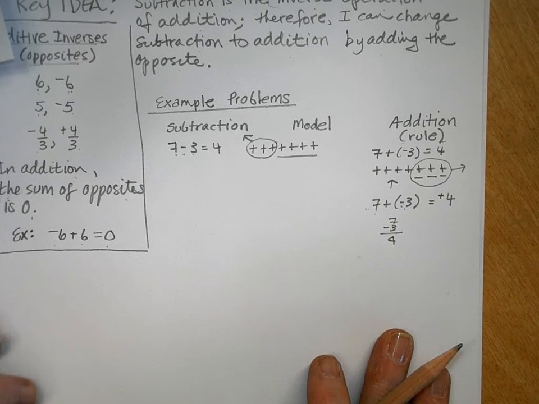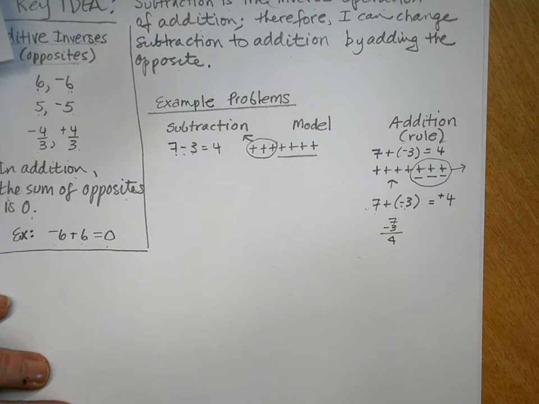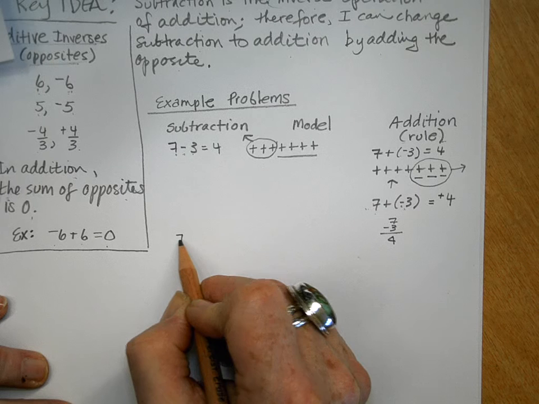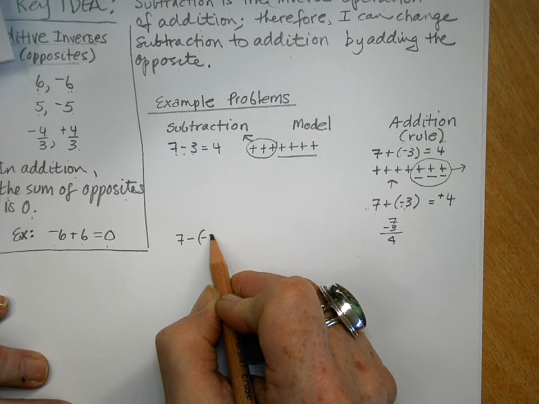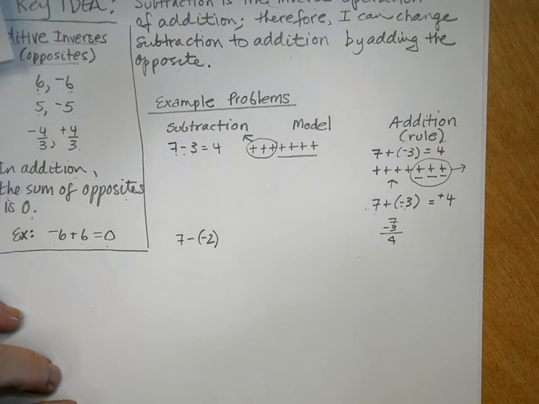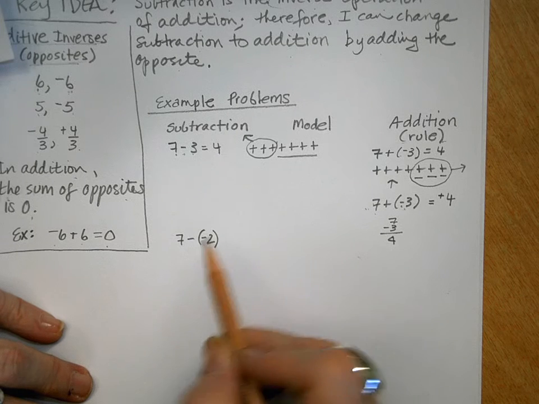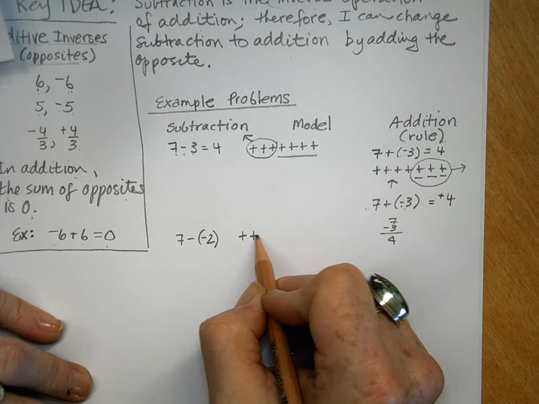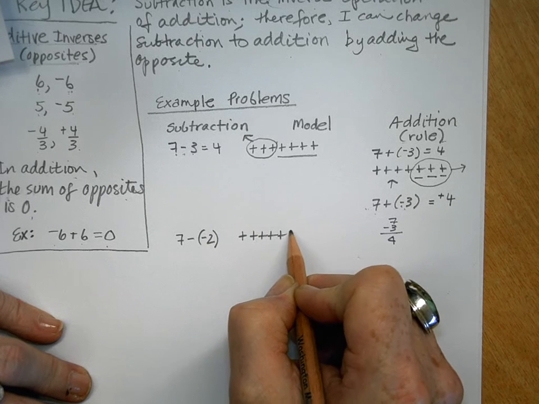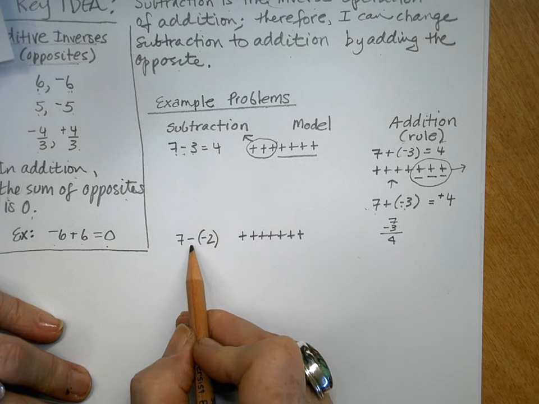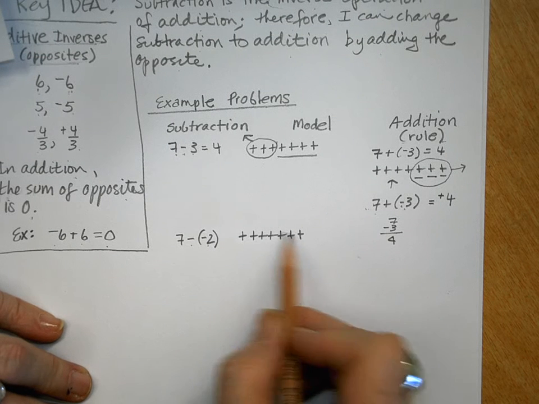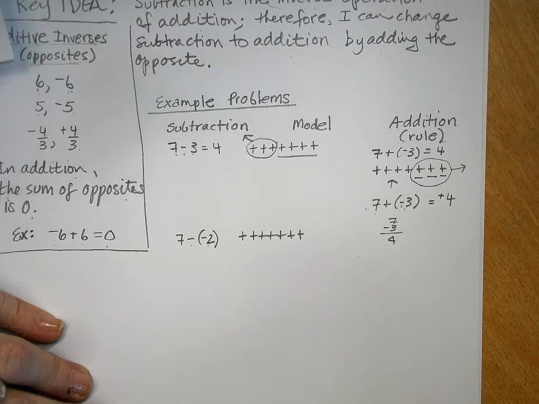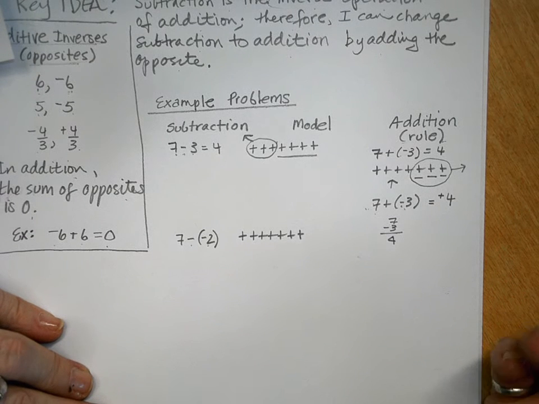I can do another problem. How about 7 minus -2? So I can model this. This would be 7. And I want to remove -2, but I don't see any -2. So to get -2 to remove, I'm going to add 0.